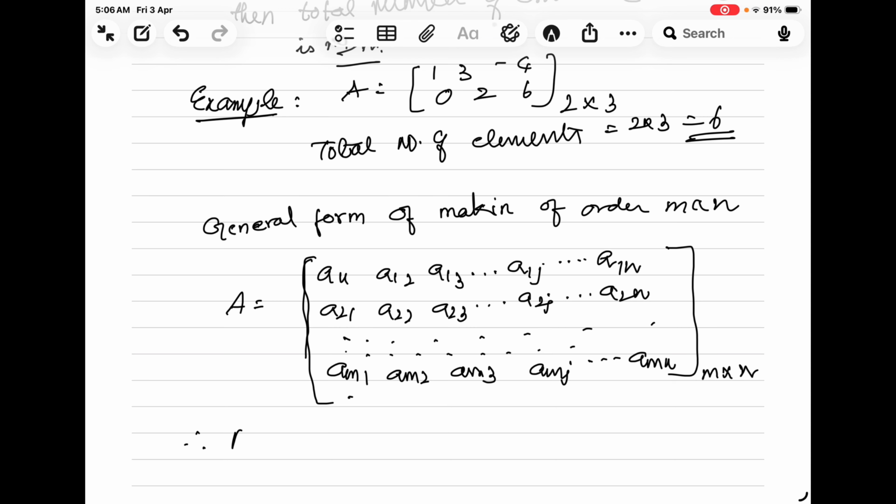And therefore A we can write as matrix aij.